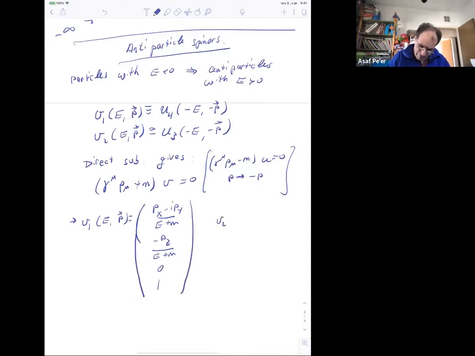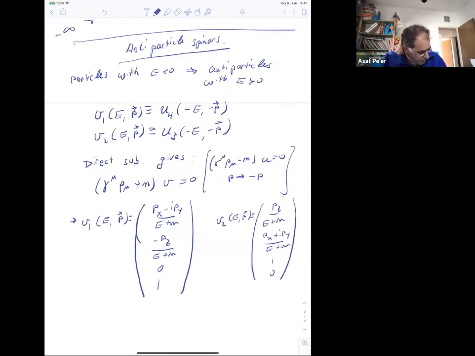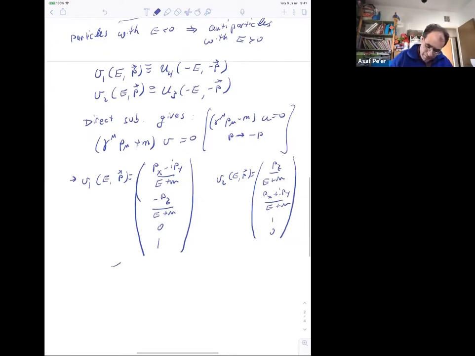And V2 of E and p is pz/(E plus m), and (px plus i py)/(E plus m), a 1 and a 0. Of course, now E is positive, right? So now E is plus the square root of p squared plus m squared.